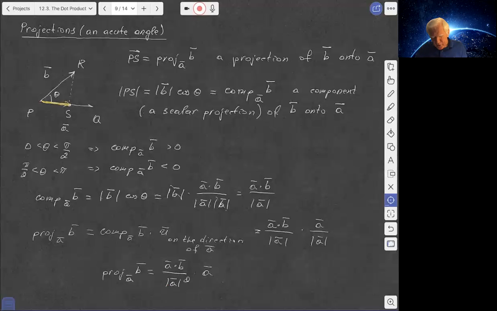Now, pay attention to the fact that if this scalar is negative, then the projection vector is going to have the opposite direction to the vector A. If the number is positive, then the projection vector is going to have the same direction as the vector A.